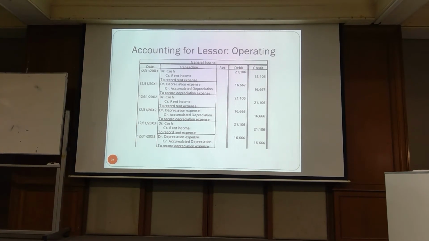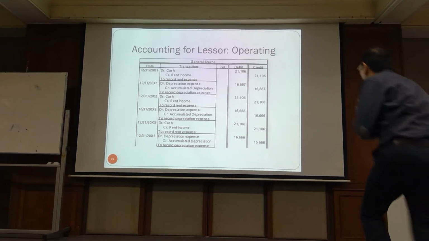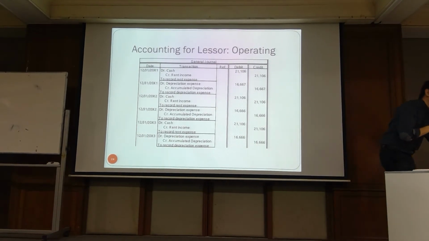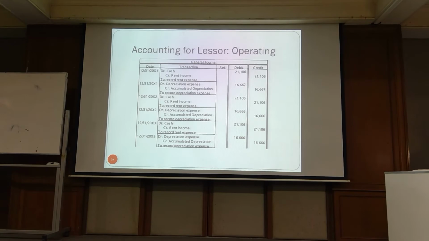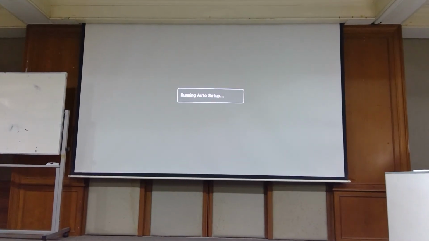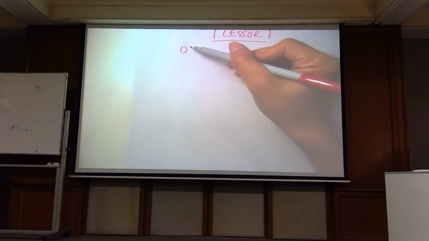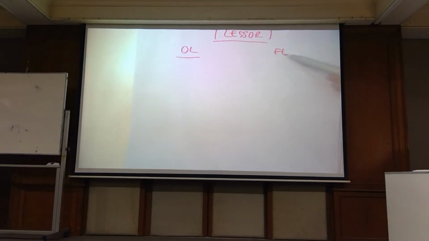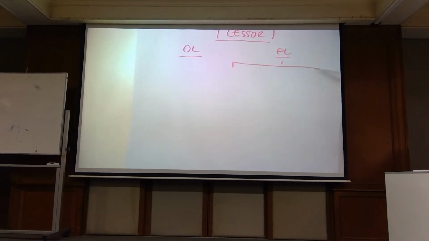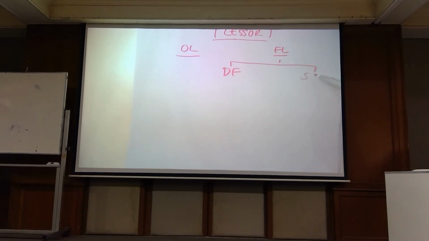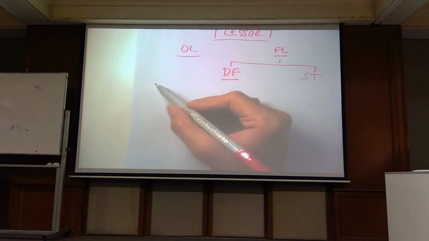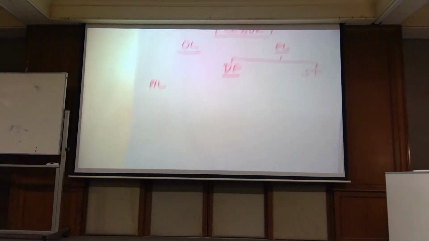You can write down the benefit. Do it like this. I would suggest you do it like this. In terms of lessor: operating lease, finance lease, direct financing lease, and sale-type lease. Looking at the effect on profit and loss, what do they get?